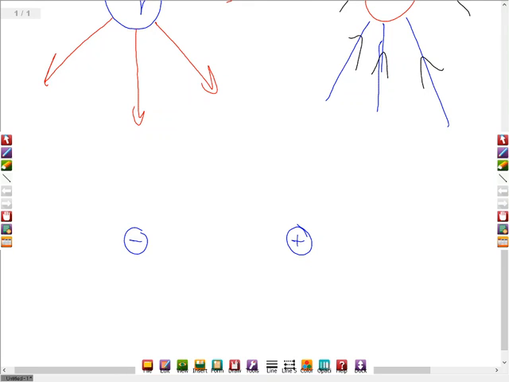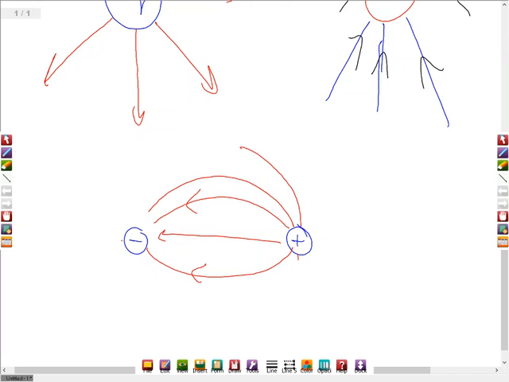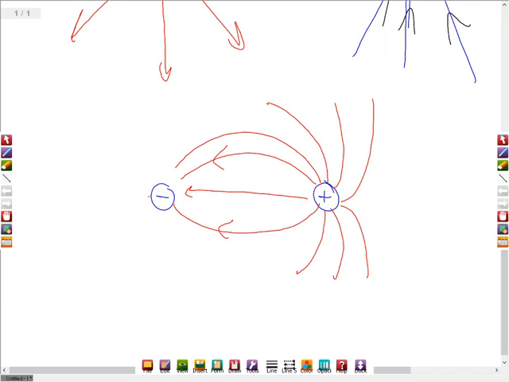Let me just explain. Now we're going to go from this charge. Look, the first one, then the second one. And the same thing here.